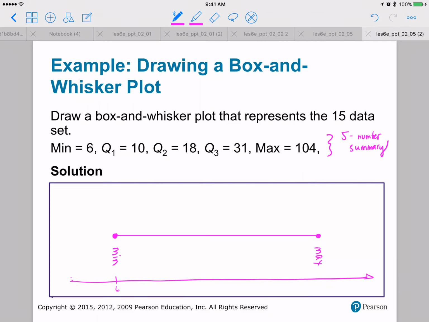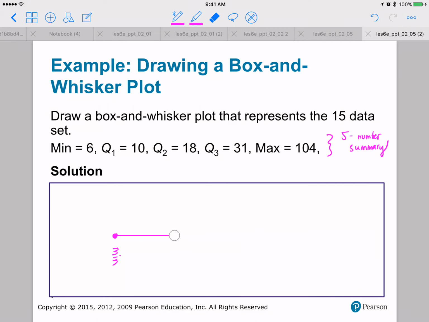And then our max is 104. So if this is 6 and this is 104, then about halfway this is like maybe 55. So let's see. I think I'm actually going to draw it a different way. Because I don't think this is as intuitive.